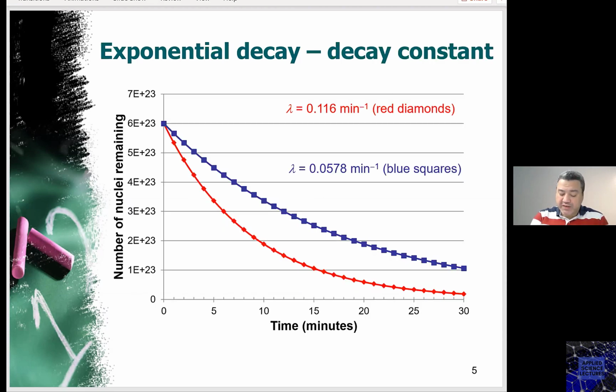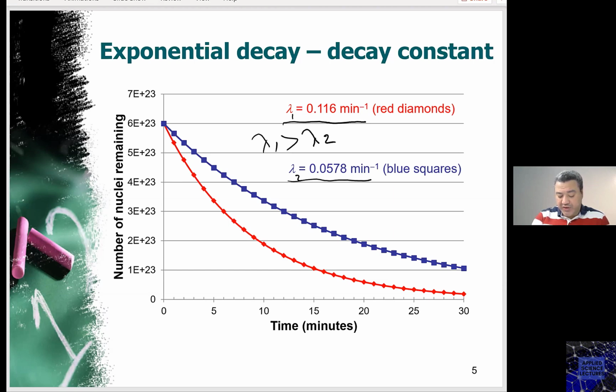Here we can see that the decay constant lambda is 0.116 per minute, while for the blue one it is 0.0578 per minute. So if this one is 1 and this one is 2, we can see that lambda 1 is greater than lambda 2.